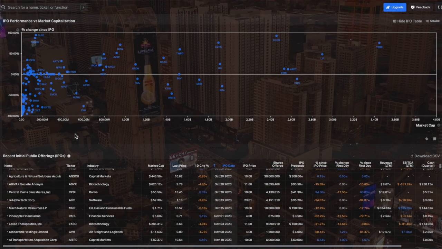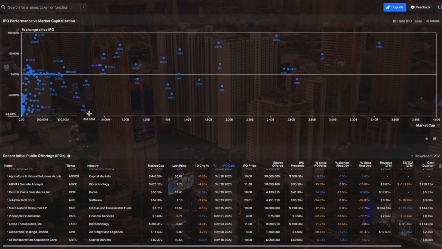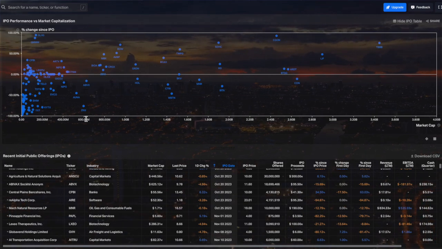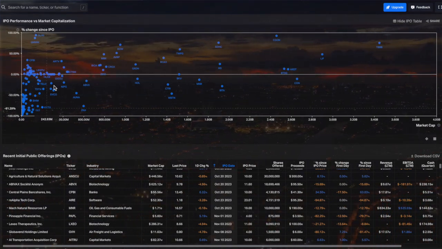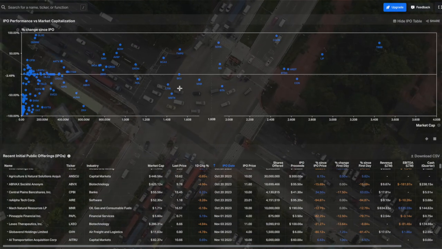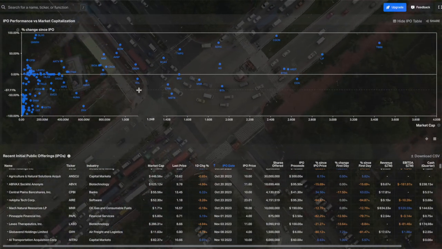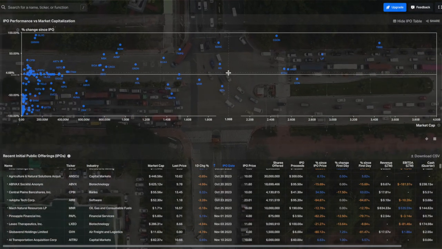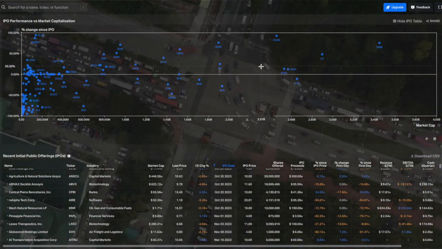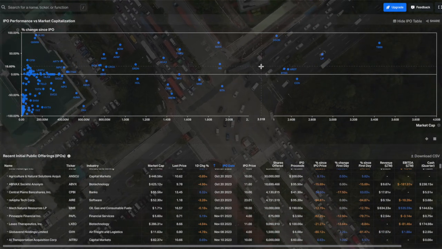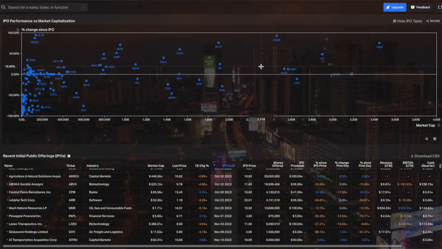First of all, we can see anything below 600 million is pretty negative. The IPO didn't work out for these guys. While after that, we could draw an upward line, meaning that the higher the market cap, the more likely it was a positive IPO where the stock actually went up.